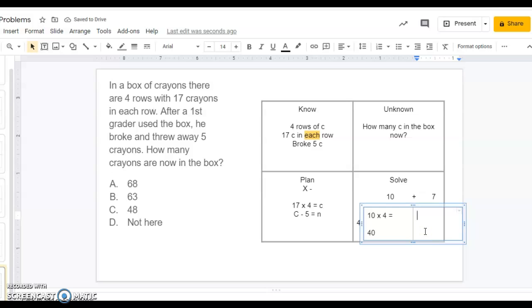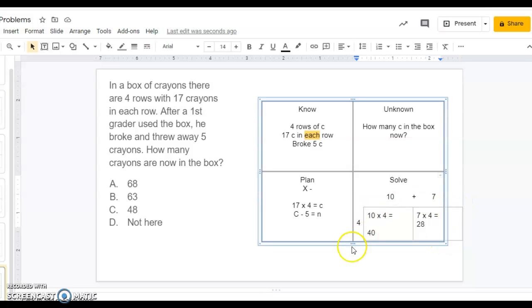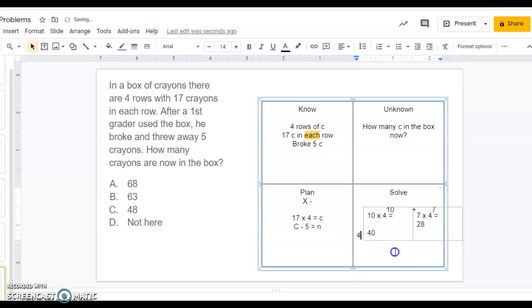And I'm going to do 7 times 4, which I know equals 28. Okay, when I add those together, 40 plus 28, I get 68.